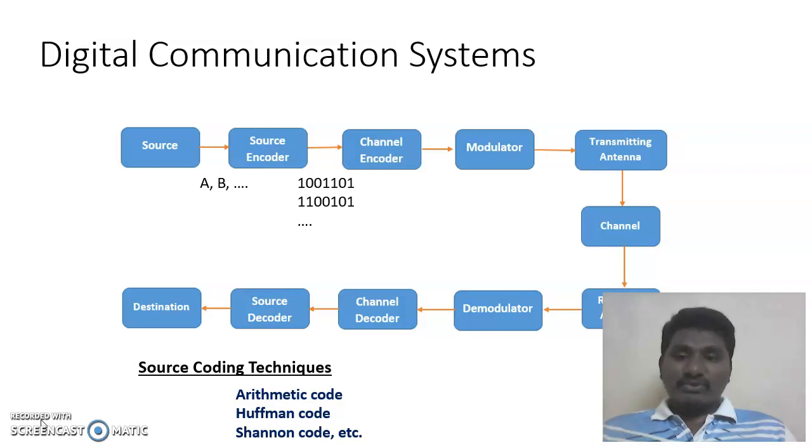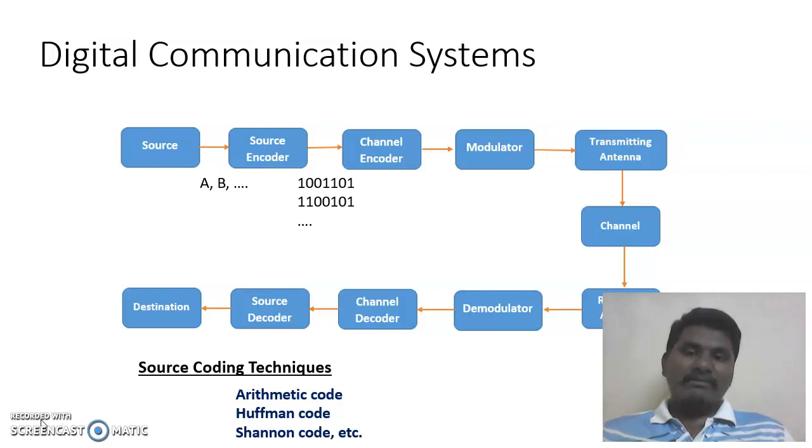And source encoding: as I told you, the discrete source generates a discrete set of information, something like A, B, C and so on. Let's assume that we have 8 different discrete levels. We may use binary numbers with length 3. So 000 to represent A, 001 to represent B and so on.